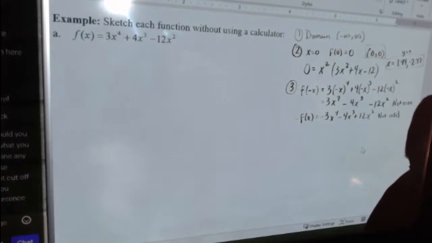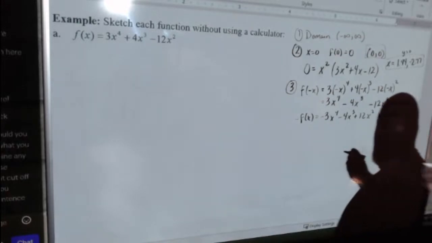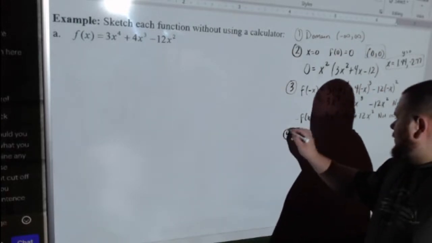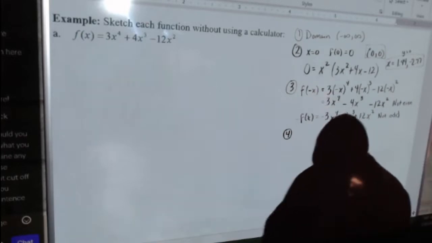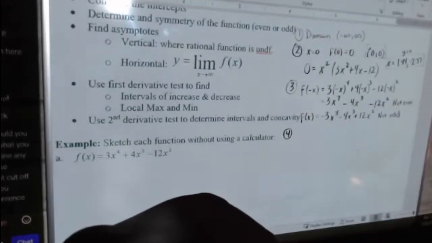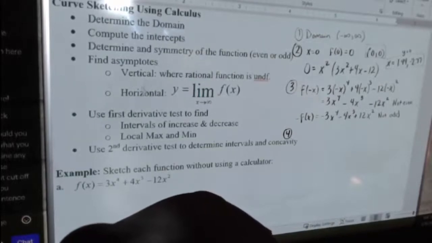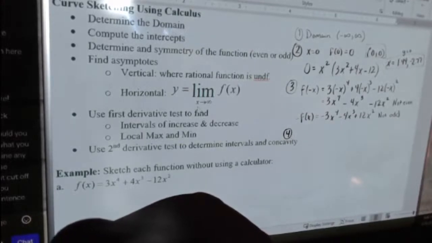All right. Fourth thing says to do what? I think that's the asymptotes. So yeah, if this thing was a rational function, we would find where it's undefined. This guy is from negative infinity to infinity, so there is no undefined portion. So we just need to find if there are any horizontal asymptotes.